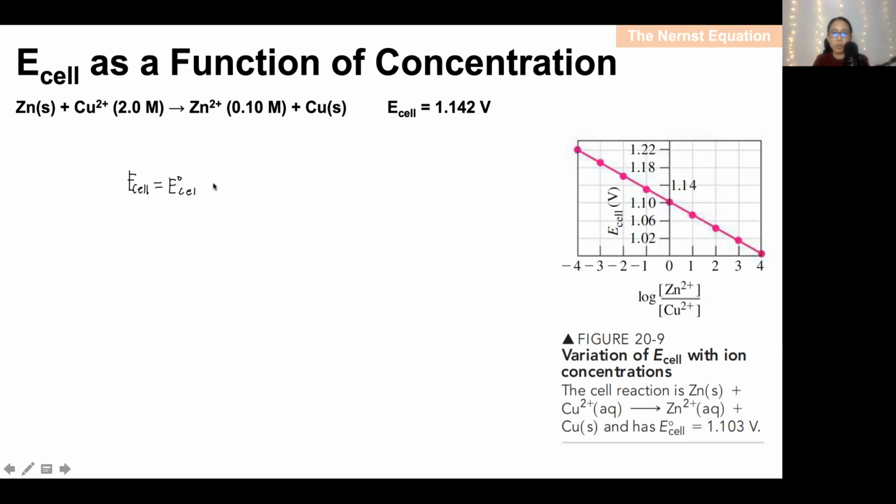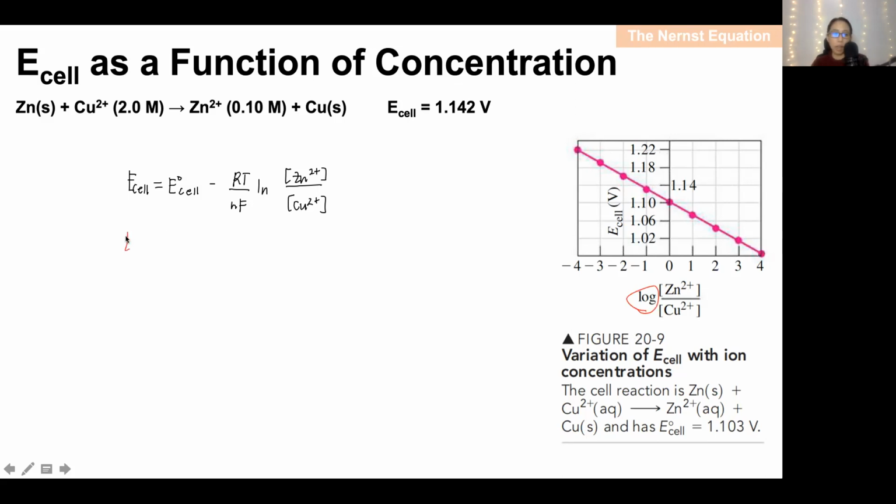Okay? So if you try to plot RT over nF, then that would be ln of zinc concentration over concentration of copper 2. If you try to plot the ratio of the concentrations of your ions on the x-axis versus the cell potential, you actually get this line with a negative slope. Now notice in this plot, it's in the logarithmic form.